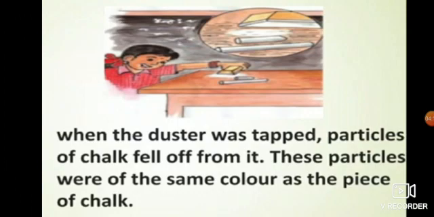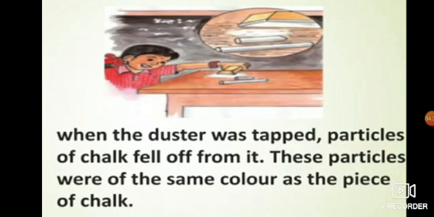When we write, those particles went and stuck on the blackboard. When we wipe with the duster, those particles stuck on the duster. And when we tap it, what happened? Those particles fell down.